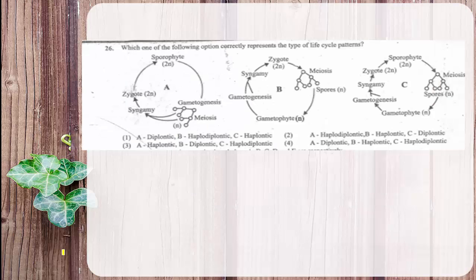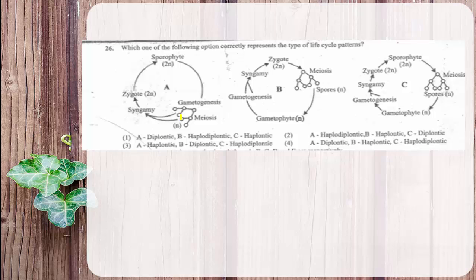Then moving to the next question. Again it is with reference to life cycle patterns. So here 3 life cycle patterns are given. What A represents, what B represents and what C represents. So in the A, zygote is diploid, sporophyte is diploid, only gametes are produced as a result of meiosis.